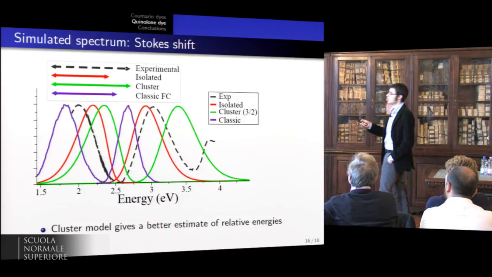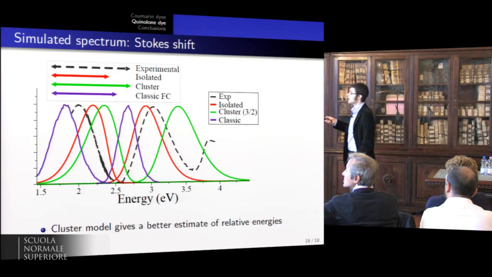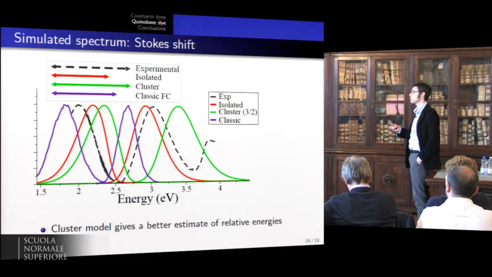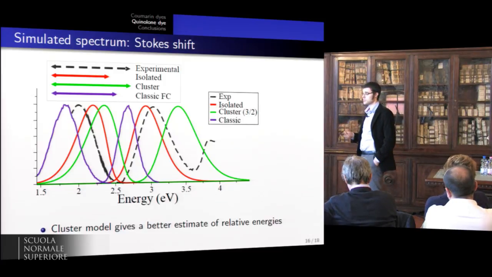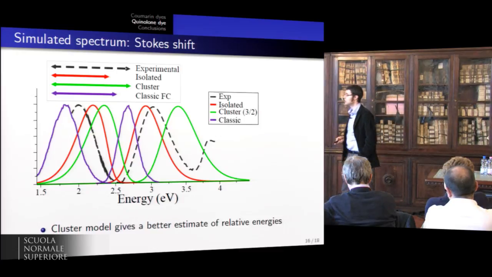As we can see, the isolated molecule and the implicit model are not able to provide an accurate prediction of the Stokes shift. The classical Franck-Condon approximation improved it a little bit, while the cluster model that we have selected recovers almost the exact Stokes shift.